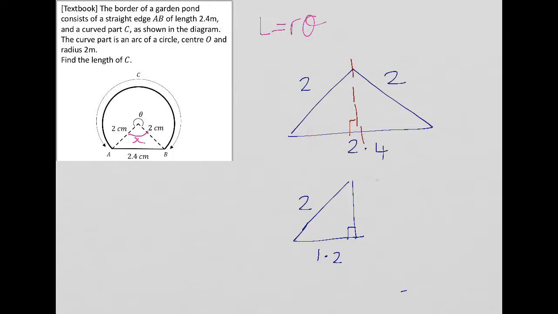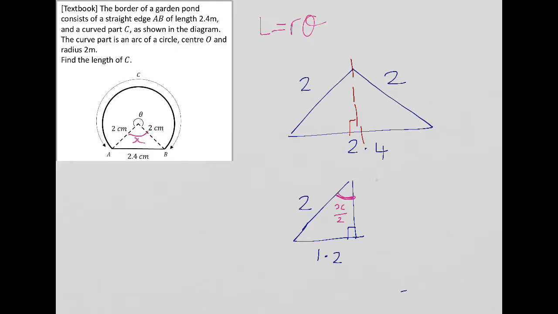I know this length equals this length. So I'm using isosceles knowledge, rules of isosceles triangle knowledge, to help make this easier. Now this angle here will be x over 2, because that's what that is. It's not going to be x, it's going to be half of x.